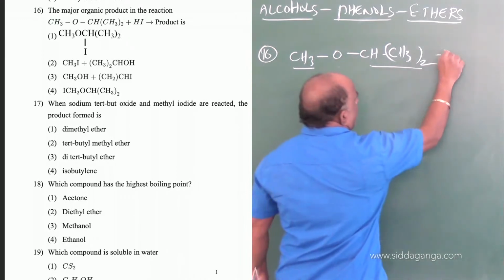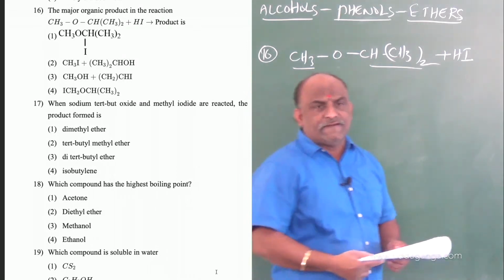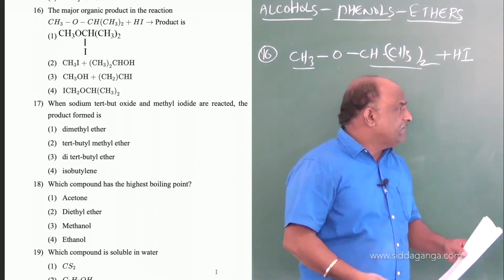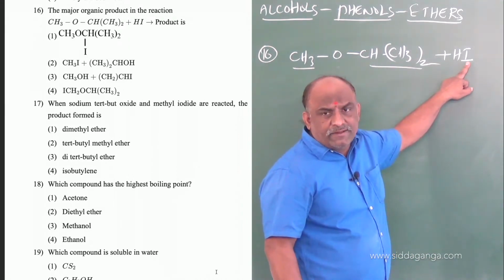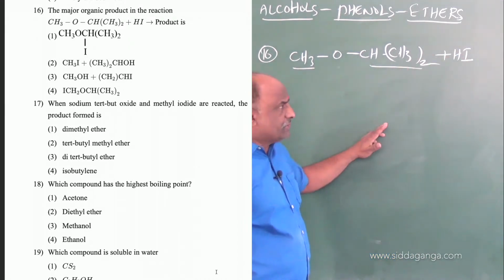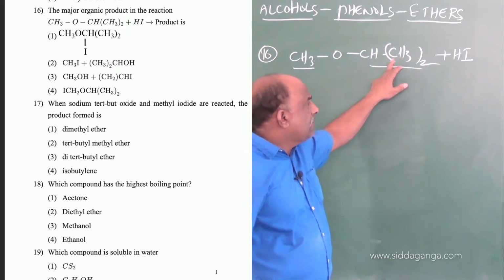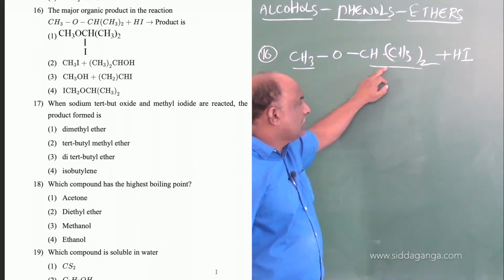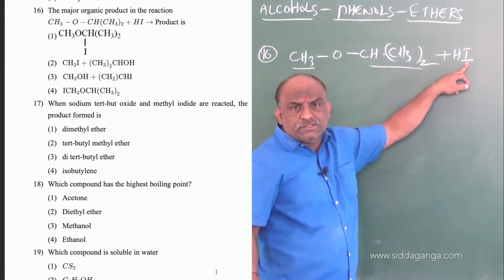Then you add hydroiodic acid. What will be the condition? In the last class we already discussed this. I minus attacks the alkyl group with the least number of alkyl substitutions. If a tertiary alkyl group is there, I minus attacks the tertiary alkyl group. If a tertiary alkyl group is absent, then I minus attacks the simple alkyl group.